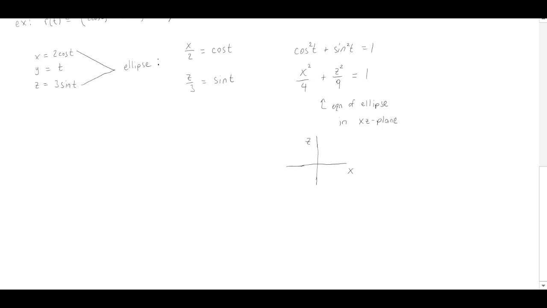So that gives me my z-intercepts at plus and minus 3. When z is 0, x would be plus or minus 2 to get equal to 1. So that gives me my x-intercepts. So you kind of get this ellipse. All right.